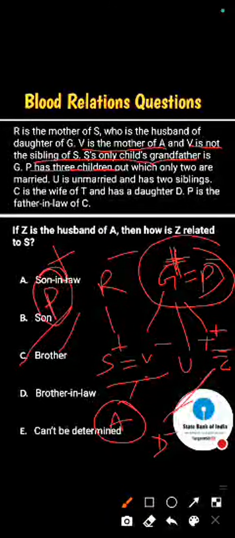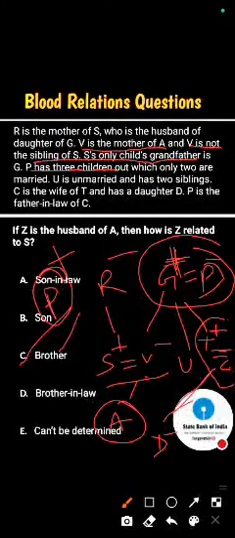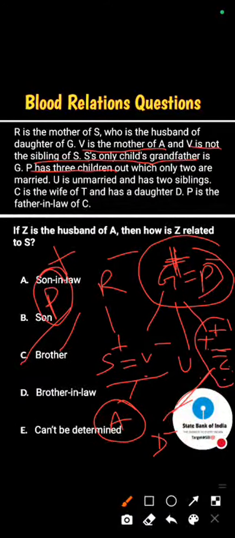Okay. U is unmarried. P is the father-in-law of C. Here we have a child of P and G, which is T, the child of P, and his wife is C. C's father-in-law is P. Wait a second. Okay. So here is the point where we failed.